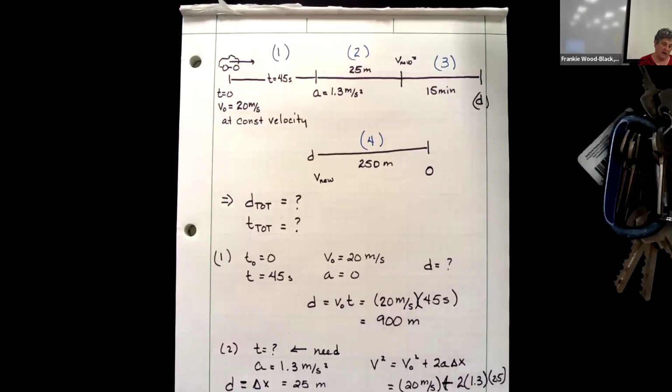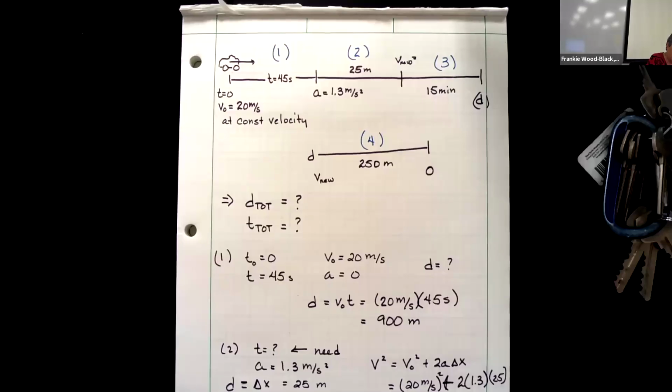So 2 times 1.3 times 25 is 65 meters squared per second squared. And I've got 20 squared, and that's 400 meters squared per second squared.